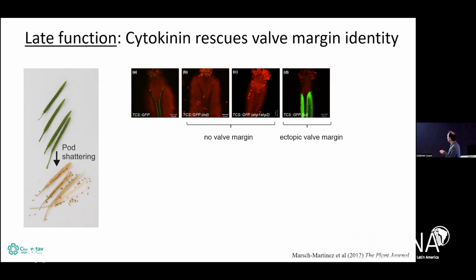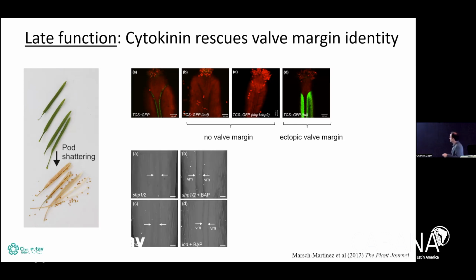There's another mutant, which is called fruitfull, which is actually the opposite. Here we are looking at the cytokinin marker to see if the signaling is present or not. The point is that these mutants where the fruits don't open are lacking this late cytokinin signaling.